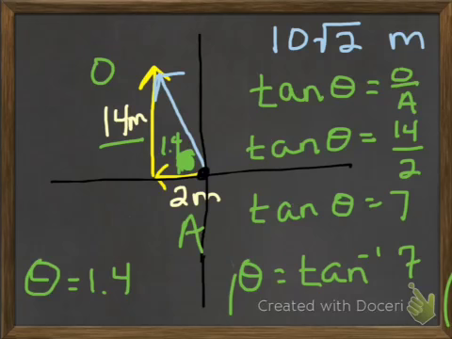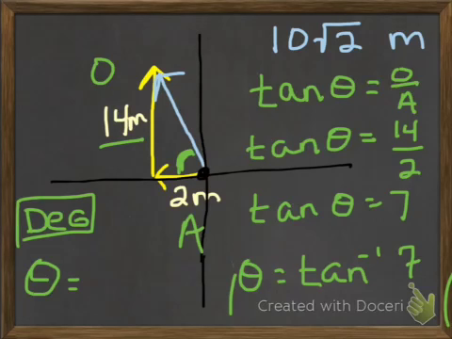I see 1.4, I look at my triangle, and that makes absolutely no sense. So let's go ahead and check my calculator and find out that my calculator is in radians, not degrees.